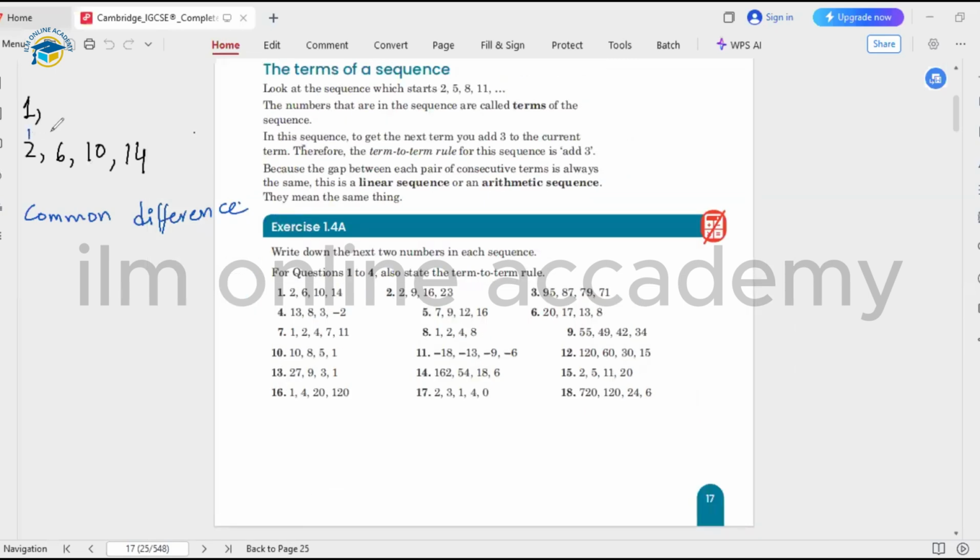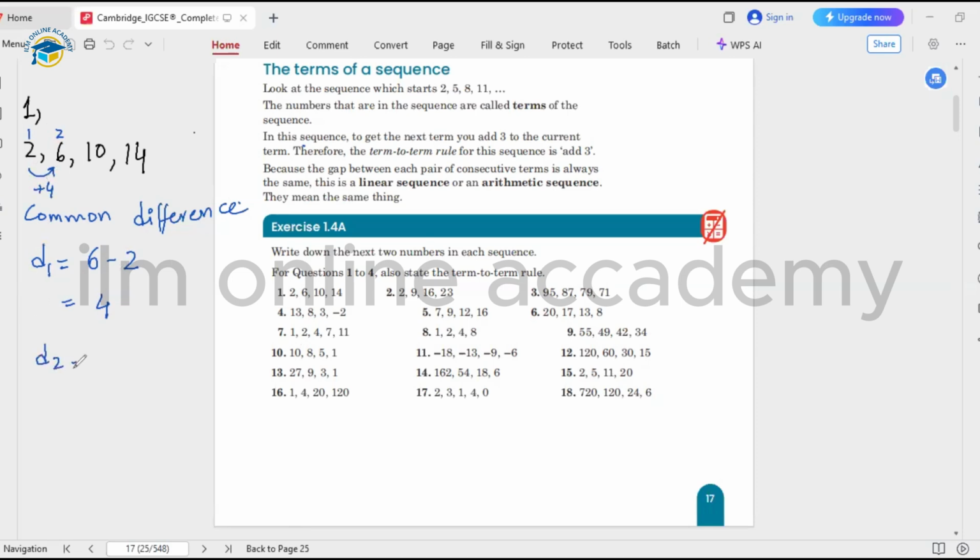This is your first term, this is your second term. The second term will always come first, whether it is smaller or greater. So 6 minus 2 is 4. This is your first difference. We need to add 4 to get the next term.